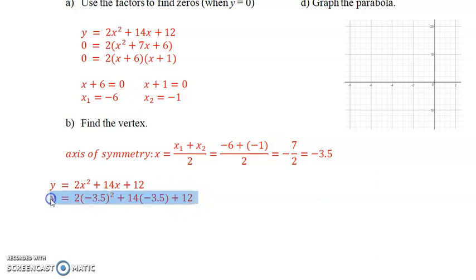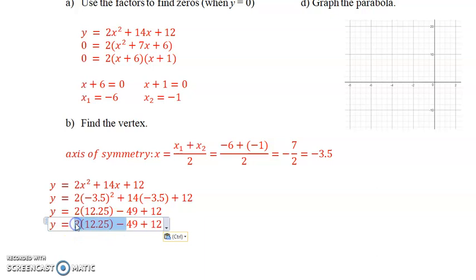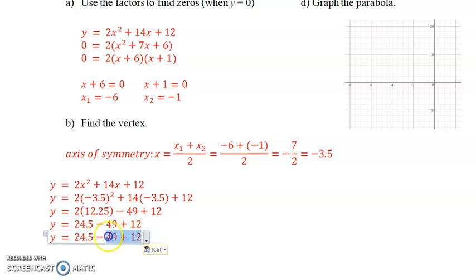Then we're going to square negative 3.5. Squaring a negative gives you a positive 12.25. Multiply 14 by negative 3.5, and that gives me negative 49 plus 12. Doubling the 12.25 gives me 24.5. Subtract 49 plus 12 gives us a y value of negative 12.5.